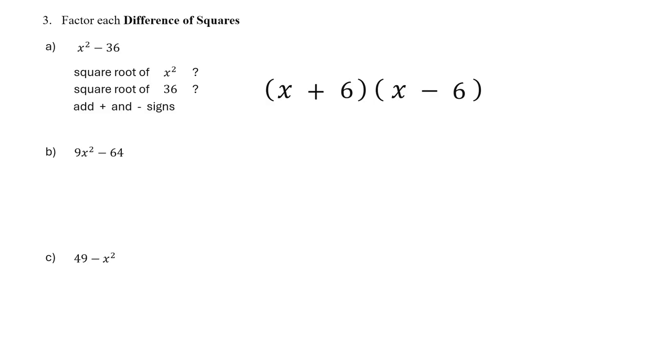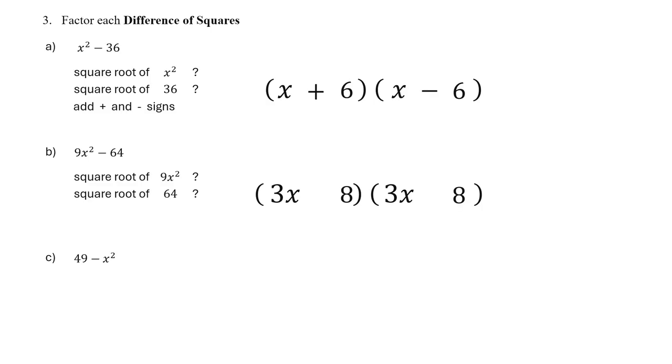So the square root of 9x squared is 3x. So we'll write that down. Our square root of 64 is 8. So we'll write that down. And now all we need to do is add our negative and positive signs. And there's our final answer.